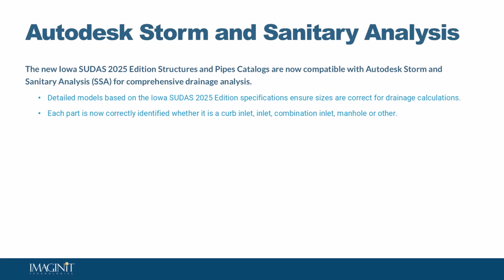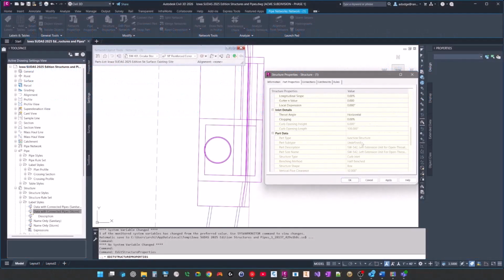In addition to the pipe connection points and move and rotation points, we also have the features now where we can actually go into the structure properties, and you'll notice that depending on what type of structure it is, that will show up. And also the diameters and other dimensions are accurate to the SUDAS specifications.